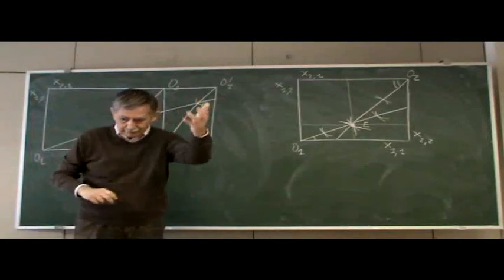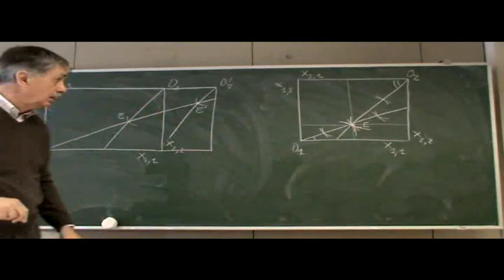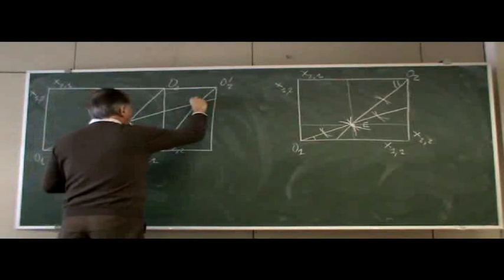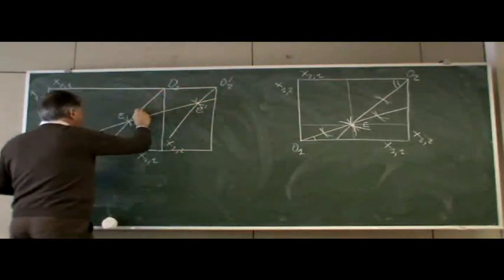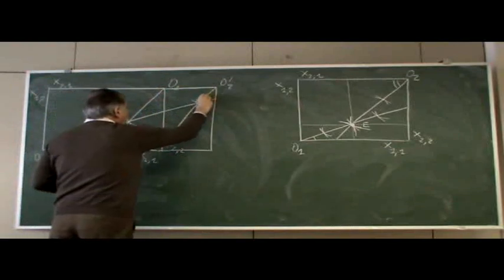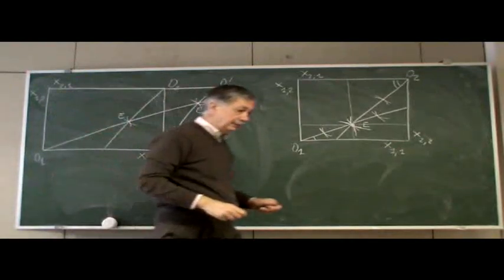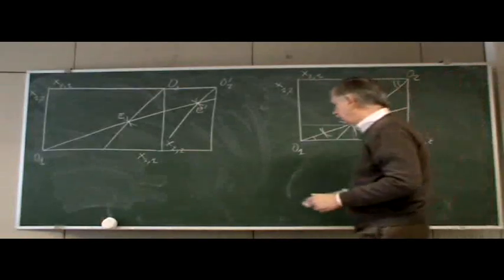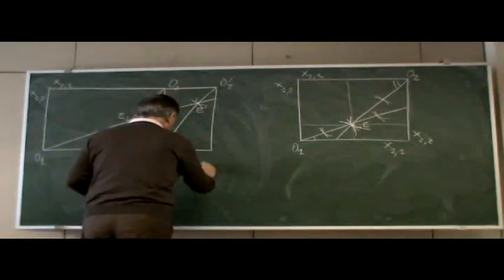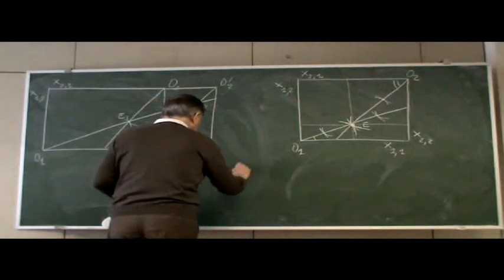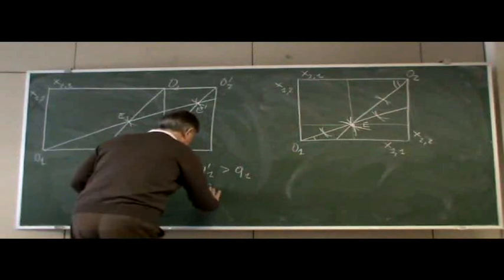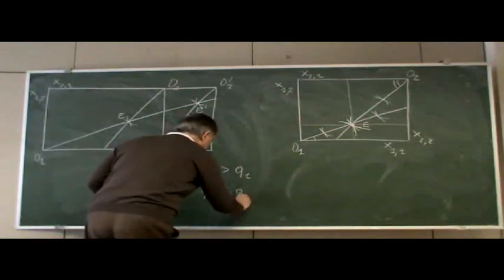Note, you pass through a higher isoquant. While the equilibrium quantity of the second good decreases, since the length of this segment is clearly greater than the length of this segment. So the result is the following. The quantity produced of the first good increases, while the quantity produced of the second good decreases.